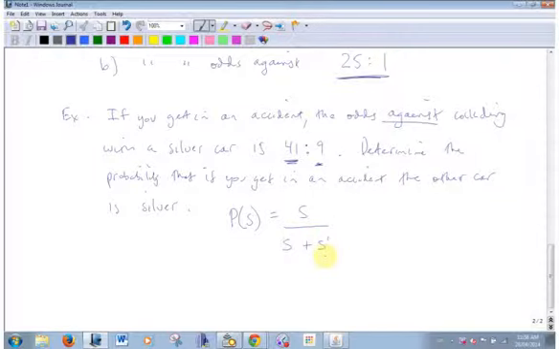That's your 2 choices. Either it's a silver car or it's not. That's the total. So that is 9, because this is odds against, not odds in favor. The total is 50, so the probability is 9 over 50.